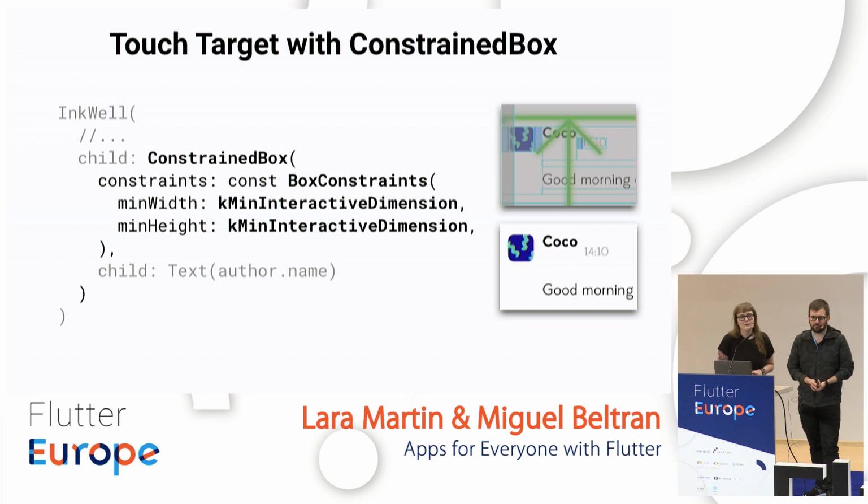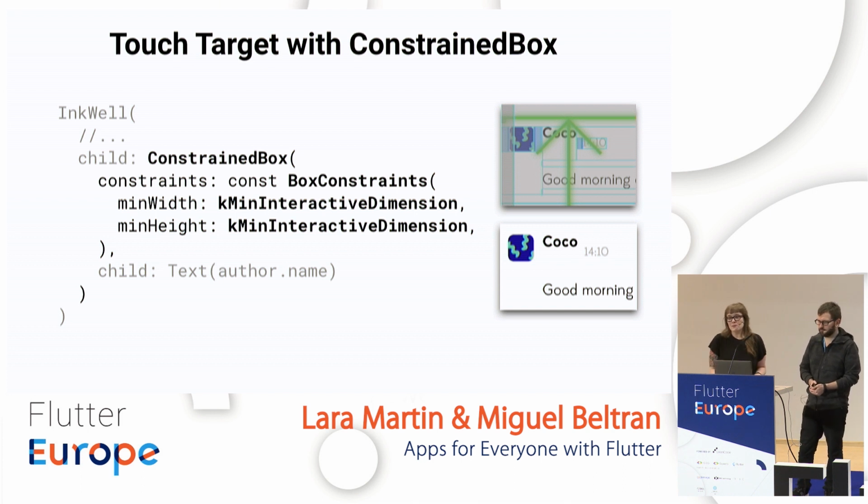To fix this, we use a ConstrainedBox widget. This will allow us to set a minimum size. So we pass the constant kMinInteractiveDimension to set the size. This is going to force the widget to have at least the minimum interactive dimension that we set. This is basically what material widgets are doing, for example, the icon button.